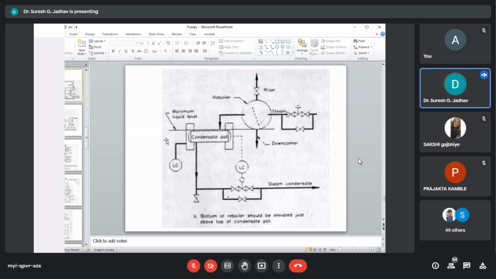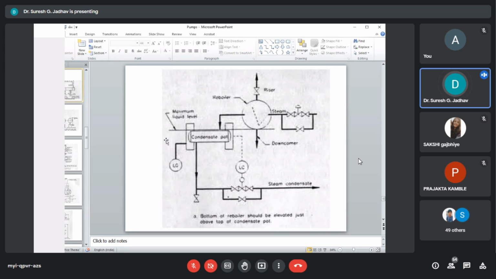Through this sketch here, the P and ID diagram, that is the process and instrument diagram, for a kettle type reboiler. In this arrangement the reboiler is elevated to meet the NPSH requirements of the centrifugal pumps.